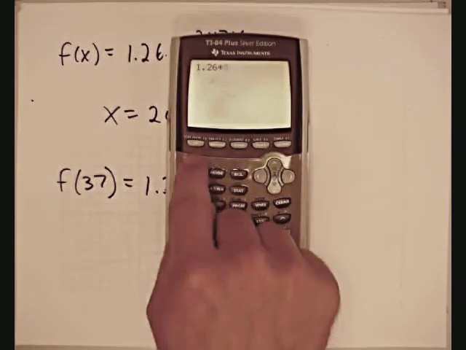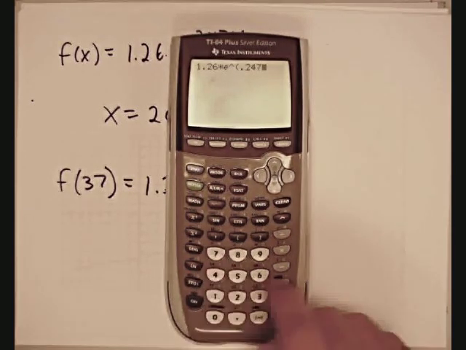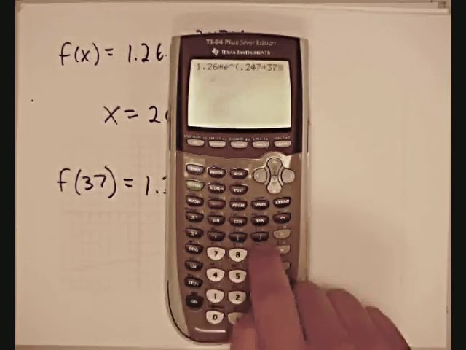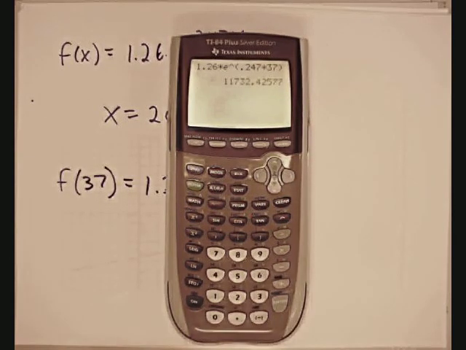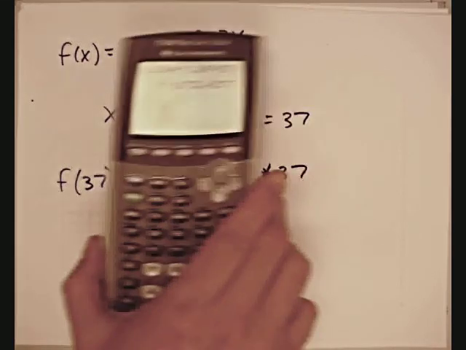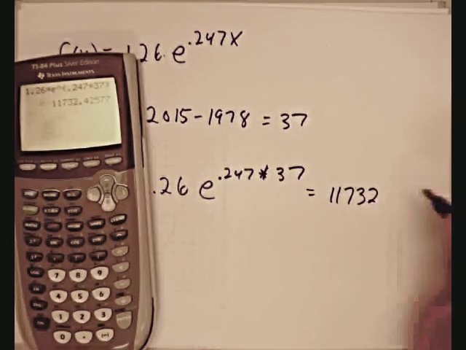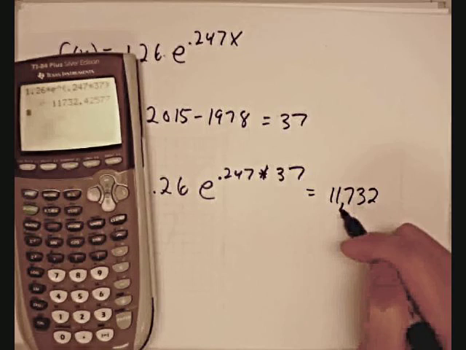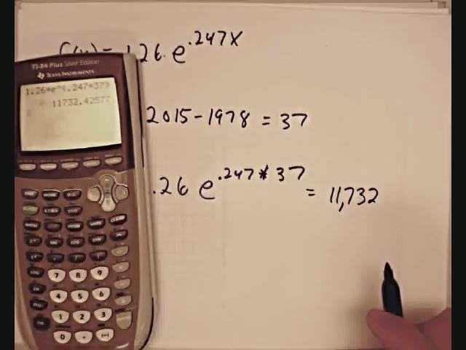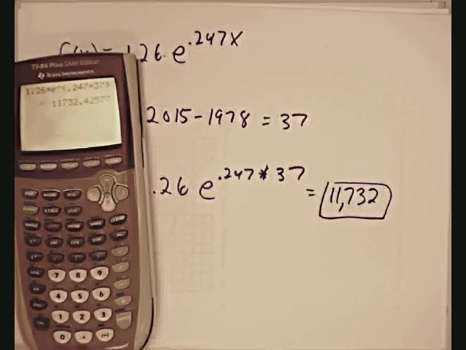You'll have to hit second, and then your e button, 0.247 times 37, and press enter. And we get 11,732.42. Okay, we're talking about wolves. You can't have a fraction of a wolf, so we would round accordingly. And 11,732 would be our final answer.